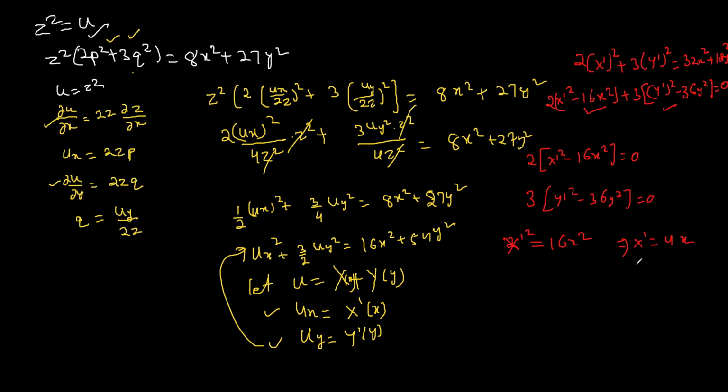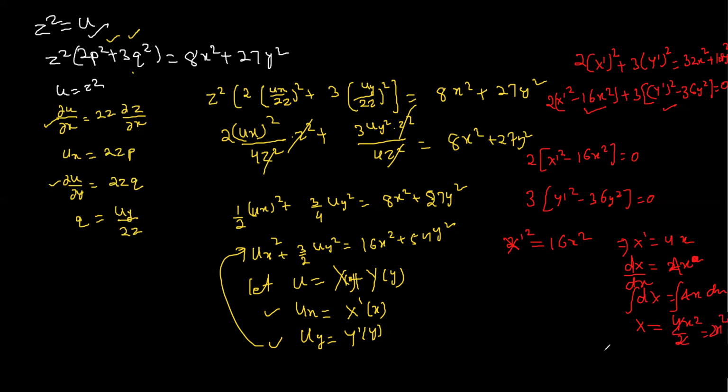Then when you integrate this, you will get 2x square, because dX upon dx, so 4x dx, 4x square by 2, 2x square.